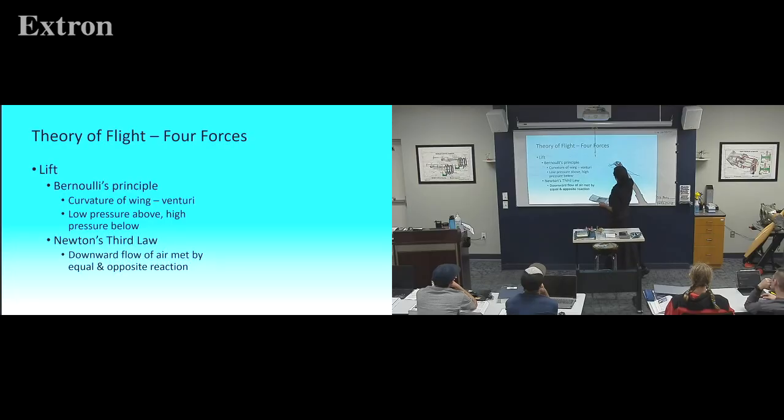We already talked about wing chord when we were talking about geometry and wing span versus chord, surface area, and all of that. Then we have our wind coming at our aircraft.